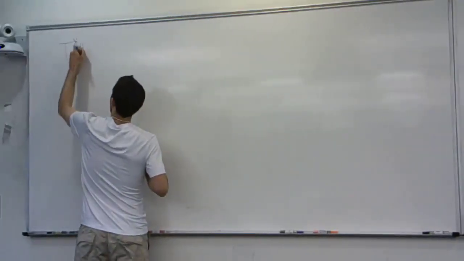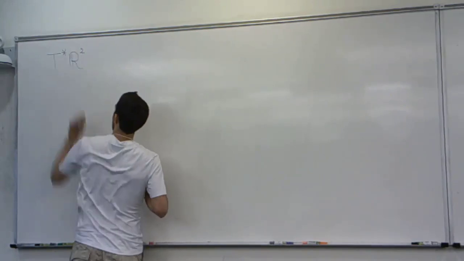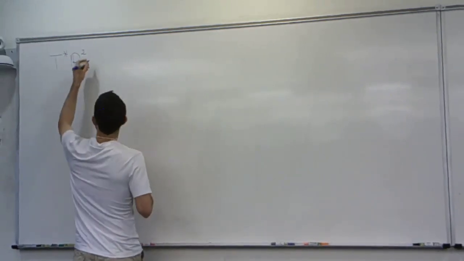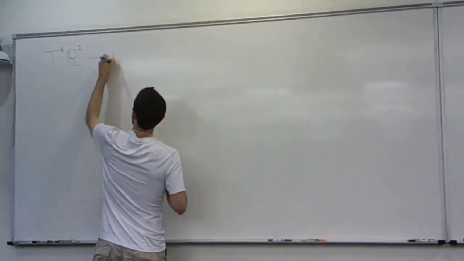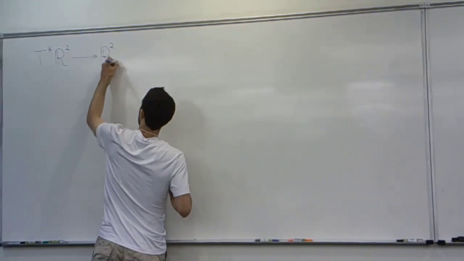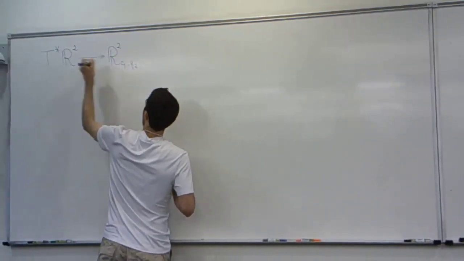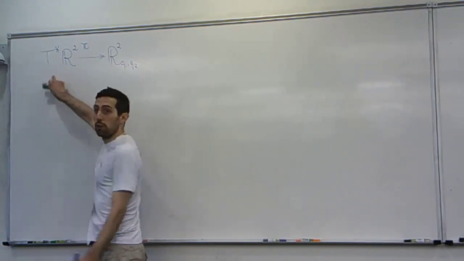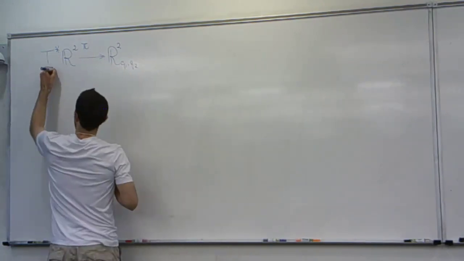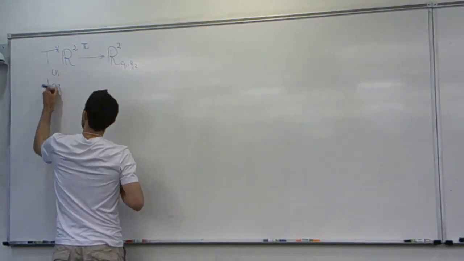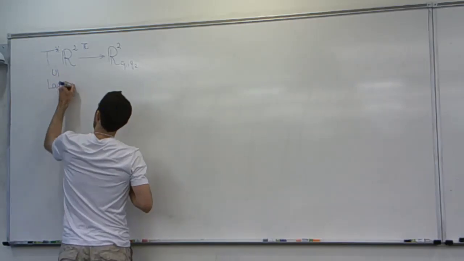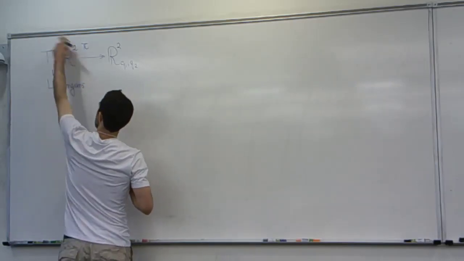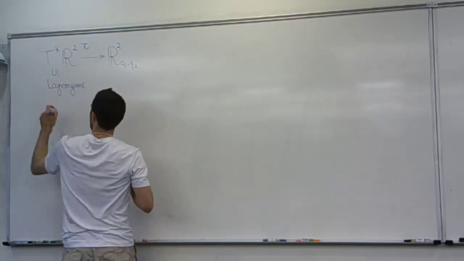We were in T star of R2. And remember that we had this projection down to the zero section, R2, with coordinates q1 and q2. And the idea here was that in here we're going to have our Lagrangians. So here we're going to have our Lagrangian fillings, and think of them as having boundary, some specified lambda in the infinity boundary.